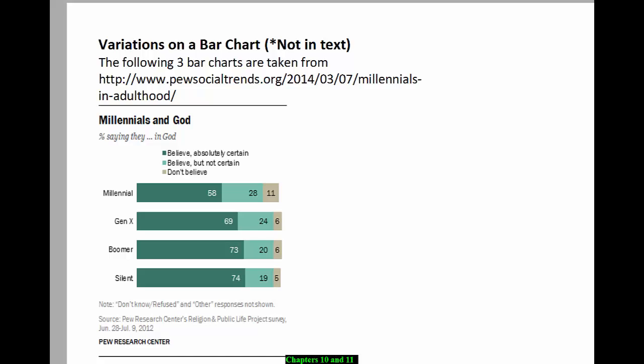The web address for the following three graphical displays, these are variations on bar charts, is listed here in your lecture notes if you'd like to look at these closer or read the article that comes with it. This first example is called a stacked bar chart. Now, how's this different from the standard plain bar chart?